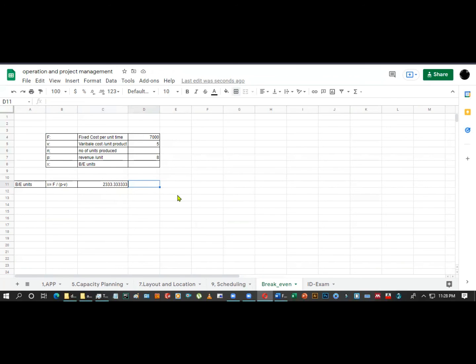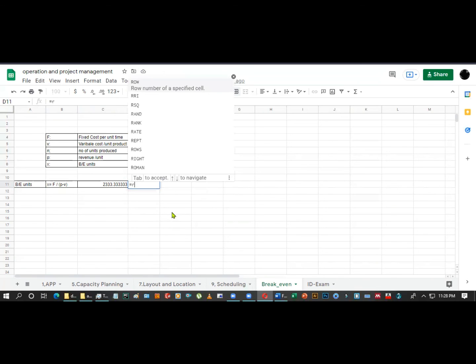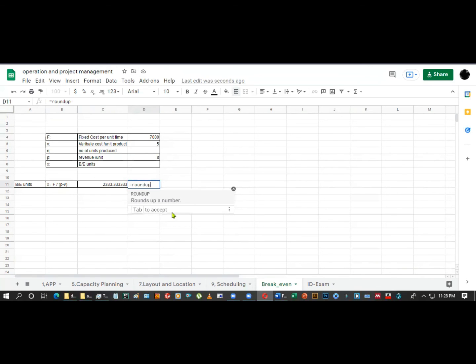If we round it up, because a unit cannot be fractional, when it comes to a break-even unit we need to round it up. So in order to round it up, we put an equal sign and write the round up function, select this cell, and press enter.